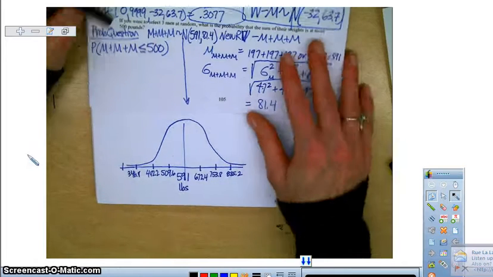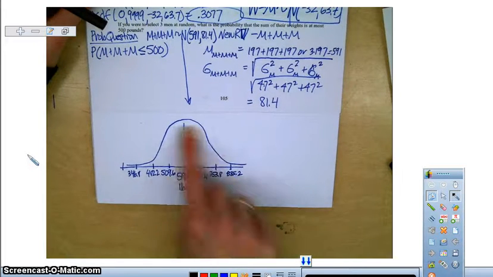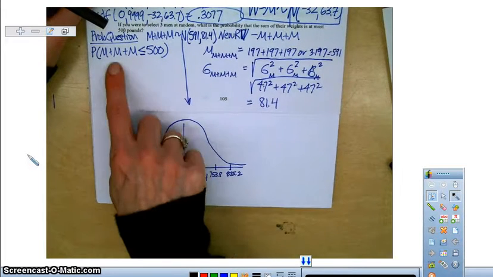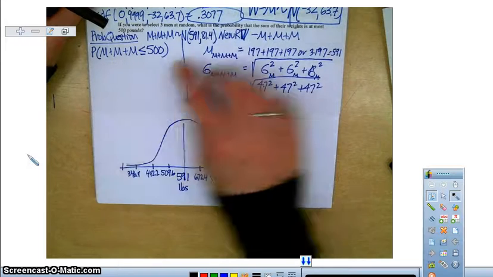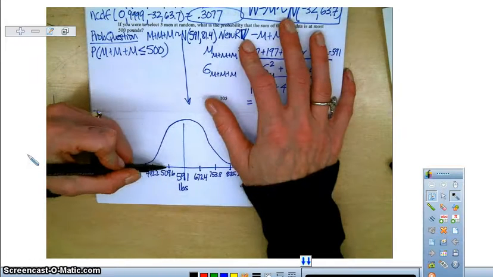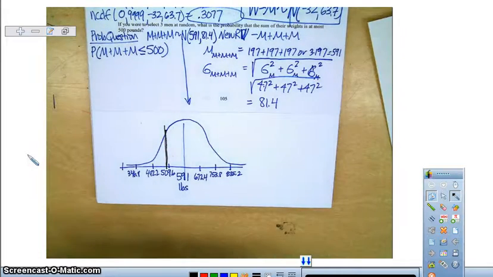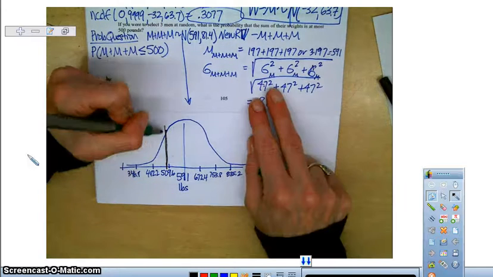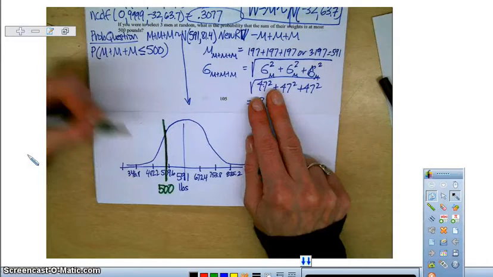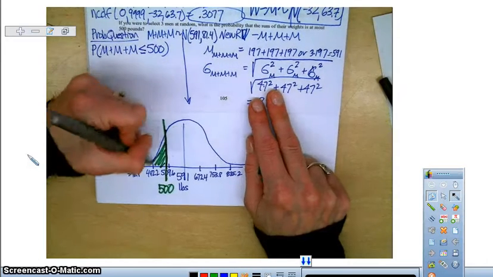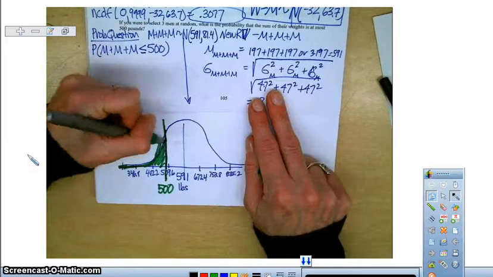We want to know the probability that this distribution right here is less than or equal to 500. So 500 is like right here. Isn't that where 500 is? So there's 500. And we want to know less than that, so we're shading over here. Does that make sense?